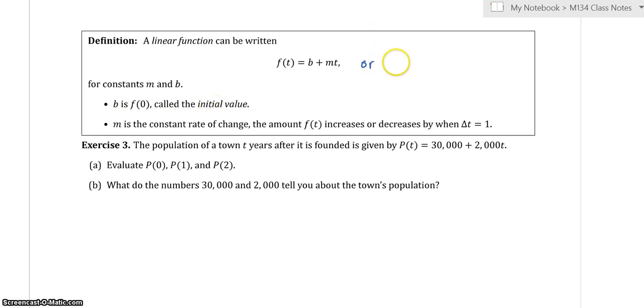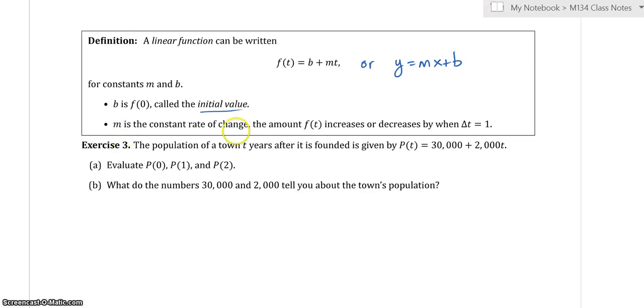You might have seen this formula if you're using y's and x's, mx plus b in your past. This is the same thing. The book just switches these and uses a t instead of x. B is called the initial value. We'll look at that for exercise 3 down here.